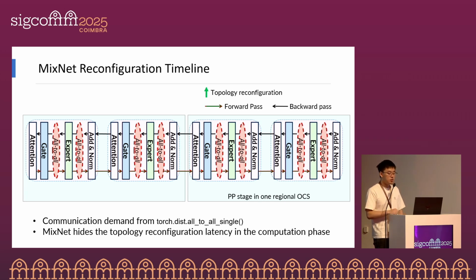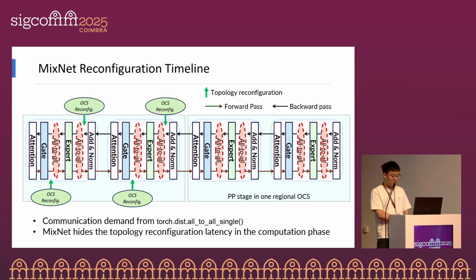So MixNet solves this by overlapping the reconfiguration with computation. We get the communication demand either from the collective primitives, such as torch.distributed all-to-all or all-to-all-single, or from some partial predictions. For example, during the forward pass, we can predict the upcoming all-to-all patterns and reconfigure the topology in advance, so that by the time the communication begins, the fabric is ready.